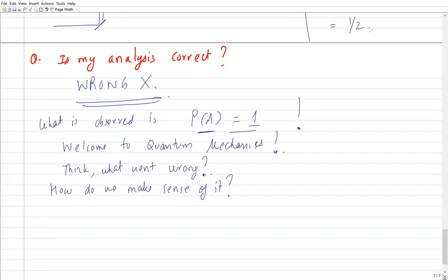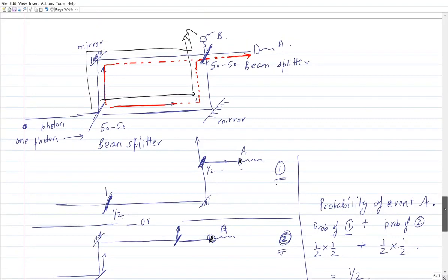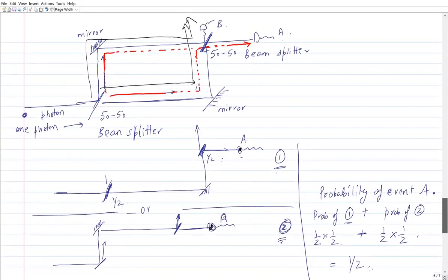This is really baffling, at the same time very, very fascinating, and essentially this is at the heart of quantum mechanics. What went wrong in our analysis of the beam splitter? Why is this seemingly innocuous beam splitter giving the probability of detection A to be a certain event, and the detection of B is 0?